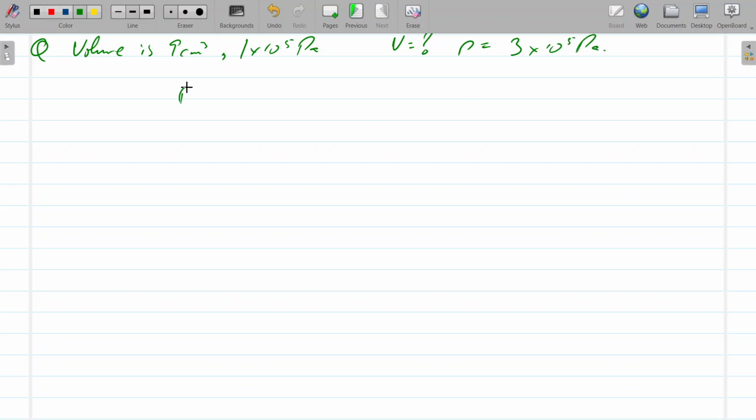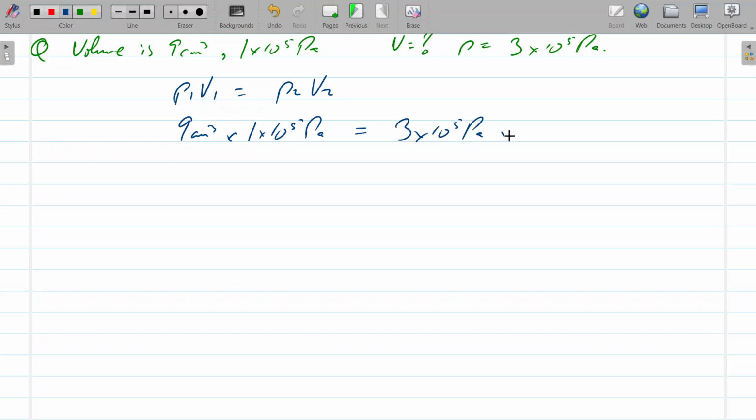And so we have P1 V1 equals P2 V2, so you get 9 centimeter cube multiplied by 1 into 10 to the power 5 pascals equals 3 into 10 to the power 5 pascals multiplied by x centimeter cube.